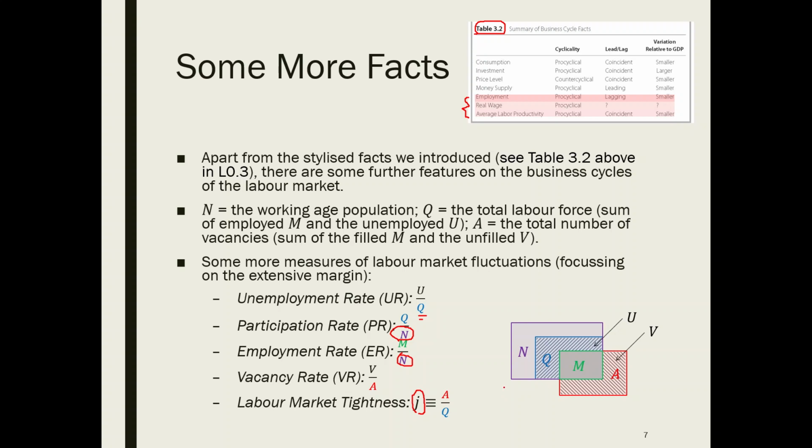It implies vacancies per worker, or how easy one can find a job. A higher J means an easier job market. I use the diagram to the right to illustrate the relationship among all these measures. You can pause the video now to familiarize yourselves with all these different measures.